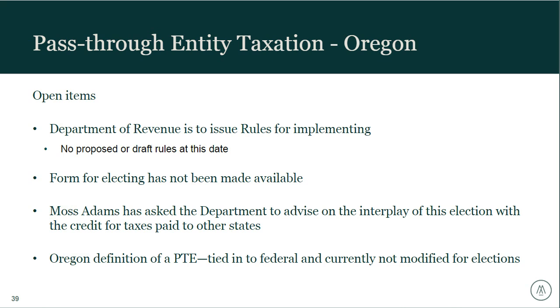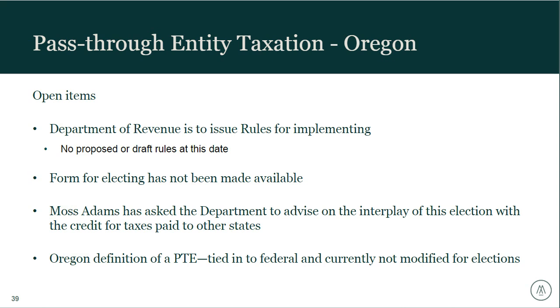Another open item here is that SB 727, when it talks about qualifying entities, refers to individual members, and SB 727 does not define what an individual is. Other sections of Oregon Code define an individual as a natural person.